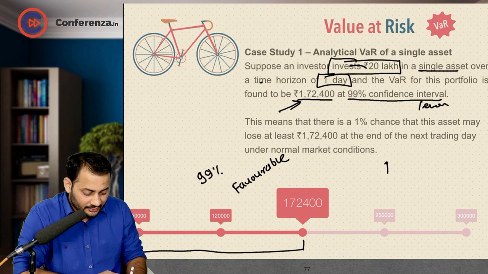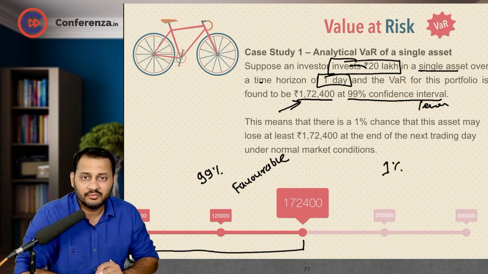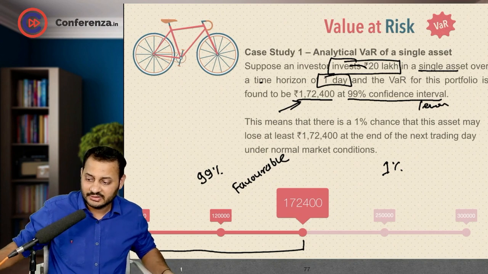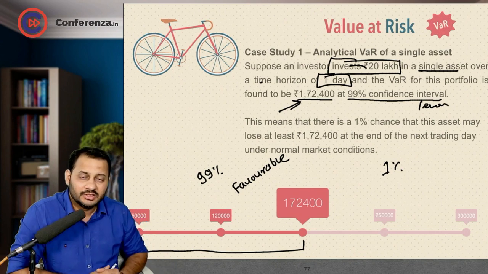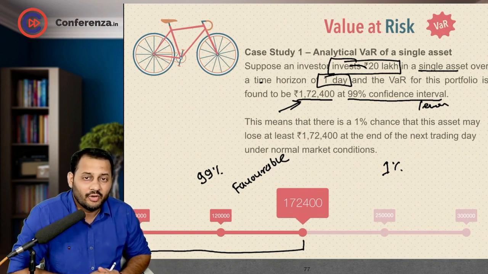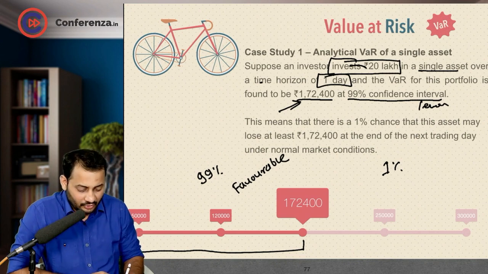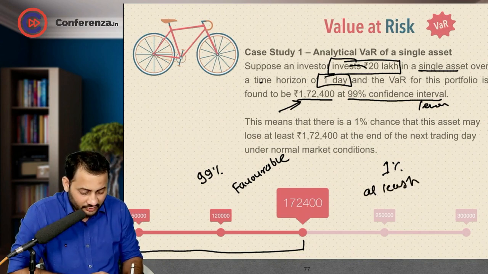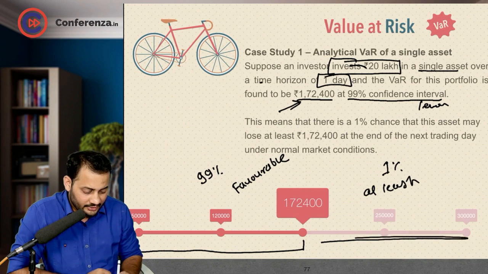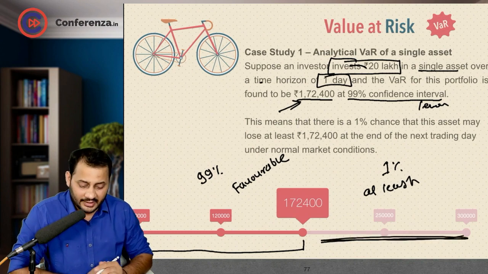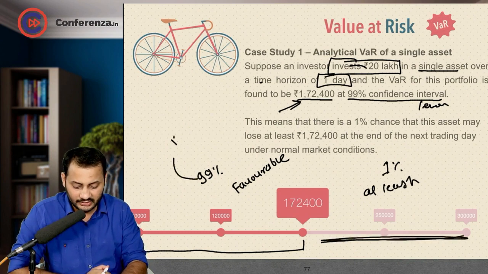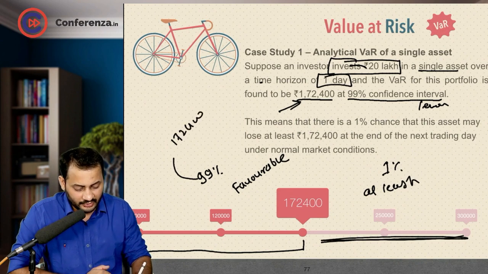But at the same time, it means that there is a 1% chance that your loss may go beyond 172,400 or at least 172,400. So your loss can be anywhere here. 99% talks about 172,400. 1% also talks about 172,400.